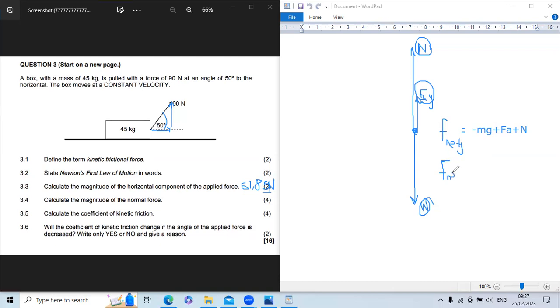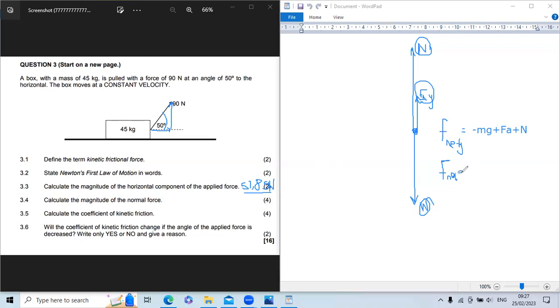For our force applied, we're going to have to say F sine theta, because we found our horizontal component. Now we're going to have to find the vertical component. So it's going to be very easy. This is adjacent and this is opposite. So yeah, you can use sine theta.